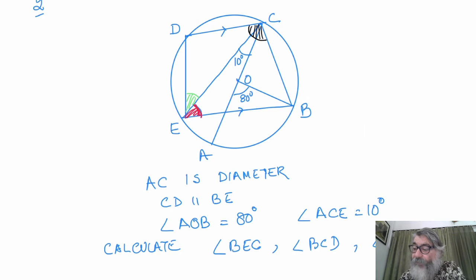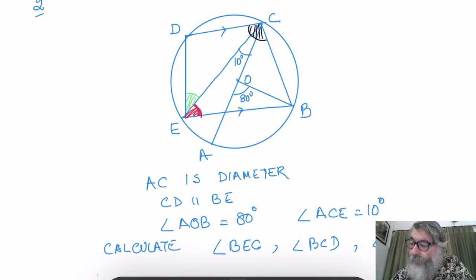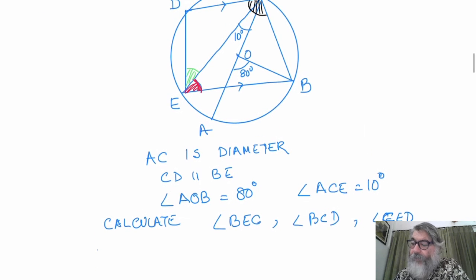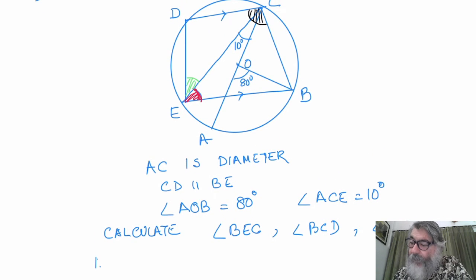Now let us see what we are going to do and how we are going to do it. Okay, first part. I would say that angle COB will be 180 minus 80, because AOC is a straight line.